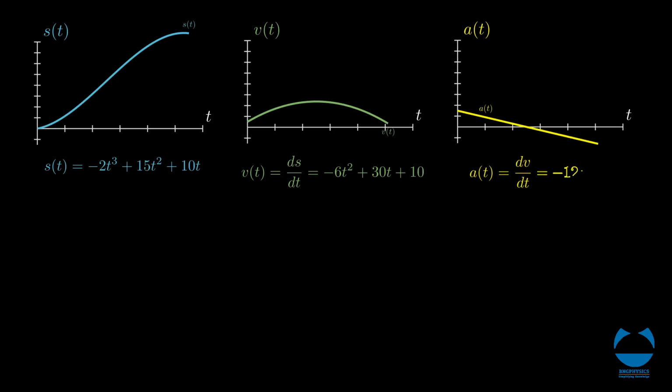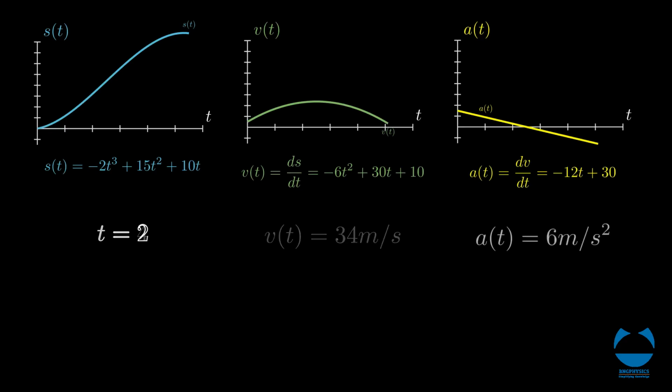Let us plug in some values. Let's say we want to know the velocity at the first 2 seconds. The velocity will be 46 meters per second when we plug it into the velocity equation. Now we differentiate velocity and get acceleration, whose equation equals negative 12t plus 30.